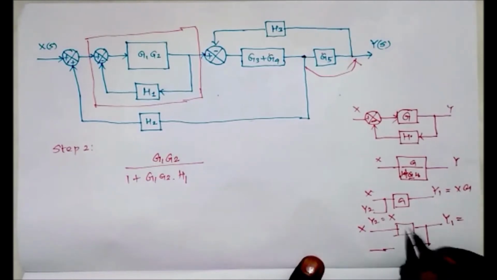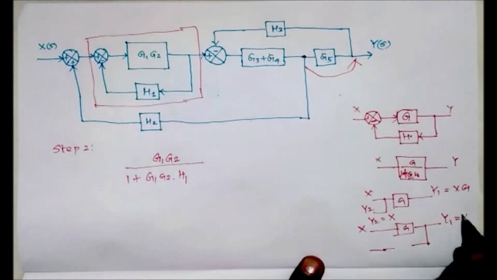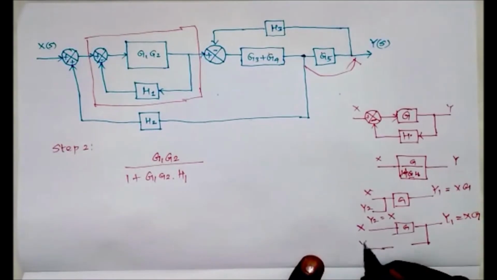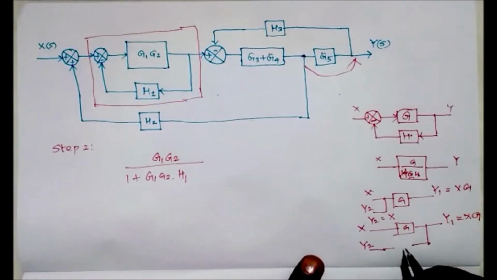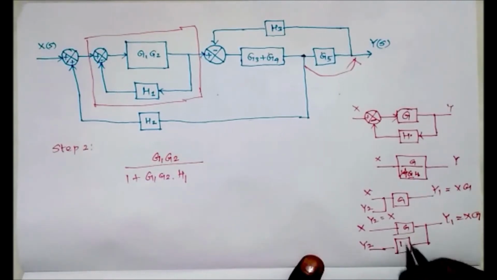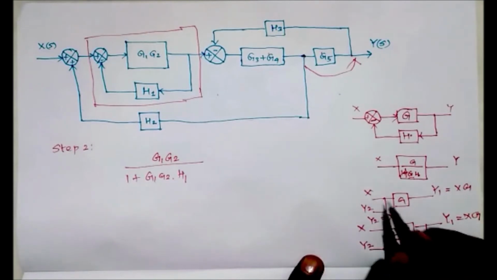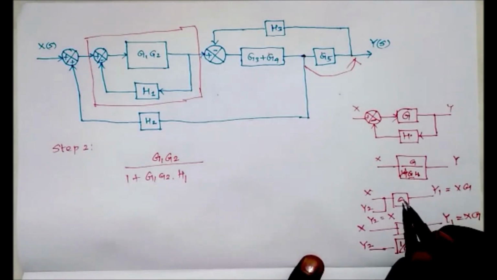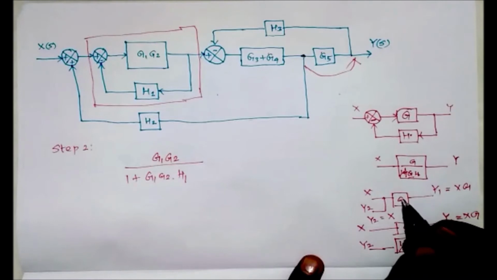Now y1 equals x into g. Now y2, without doing anything, if it is a straight line, y2 equals x into g. So we have to remove g, therefore we have to multiply by the reciprocal of this g. Therefore, if we move this branch to here, we have to multiply by the reciprocal of this gain.